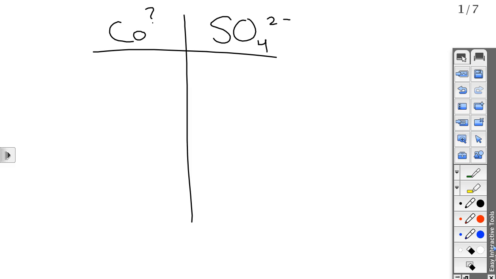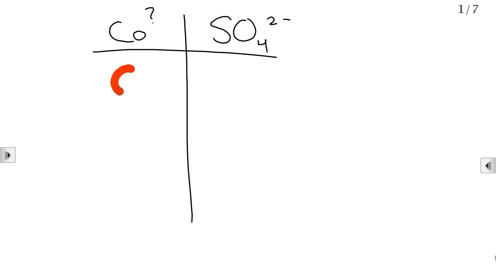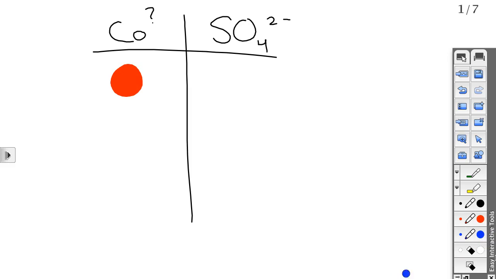Look at your formula. Just one. Can I draw 3, 4 cobalt? No, I can only draw one. And then how many sulfates do I draw? Look at the formula. What is the formula for sulfate? SO4 2 minus.